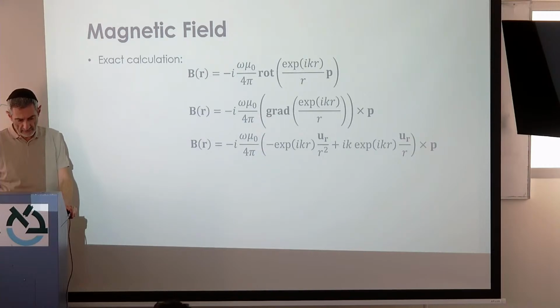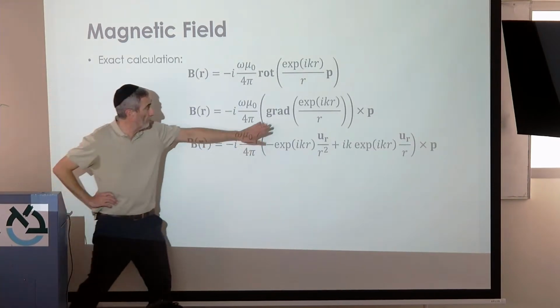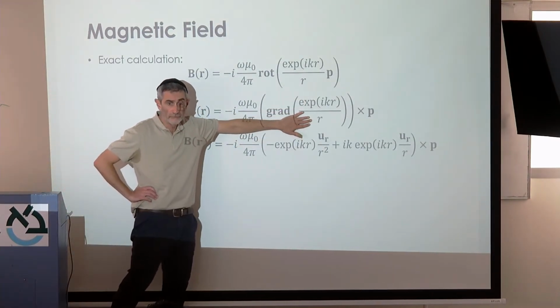So what I did next was simply to express the gradient. Where does it come from? This is the gradient of a product: this term times 1 over r.